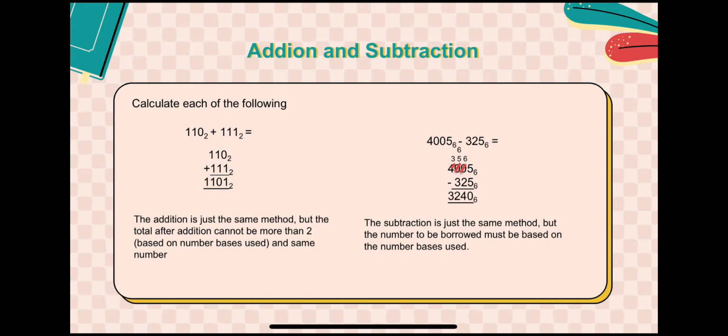Next, 1 plus 1 is also 2, so we add the carried 1 above, and 1 plus 1 plus 1 is 3. 3 cannot be put, so 3 minus 2 we have 1, and we still have the balance 1, so we put them below.